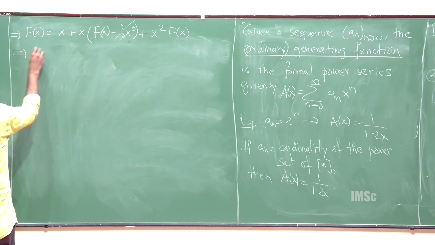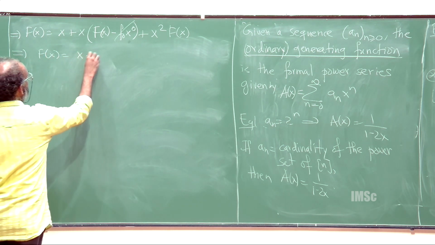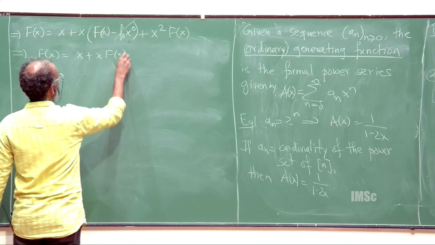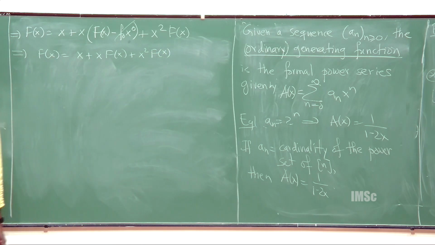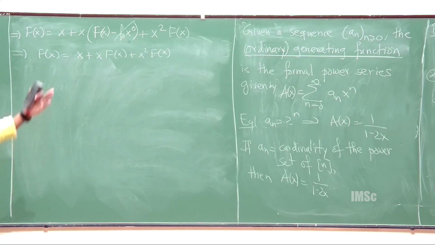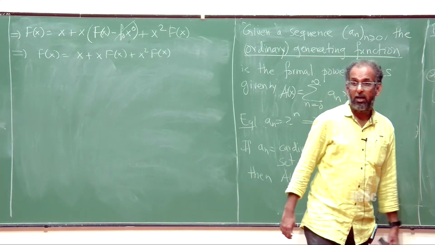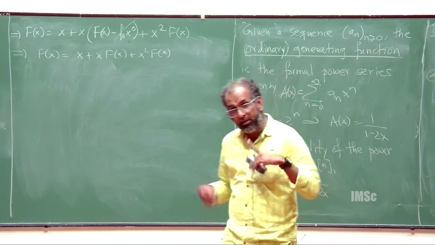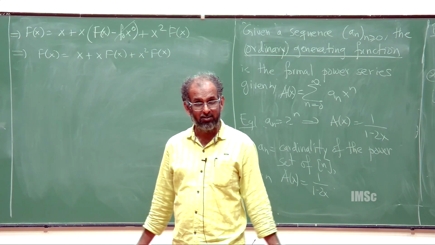So what we get is that f of x is x plus x f of x plus x squared f of x. So this whole recurrence for the Fibonacci numbers has given us a single algebraic equation for f of x. Can you solve it?